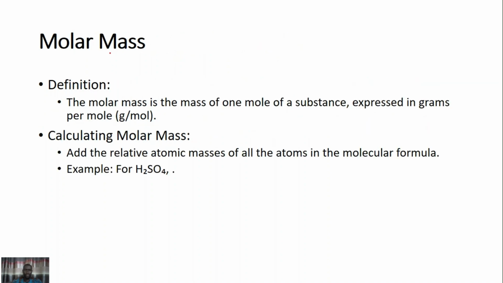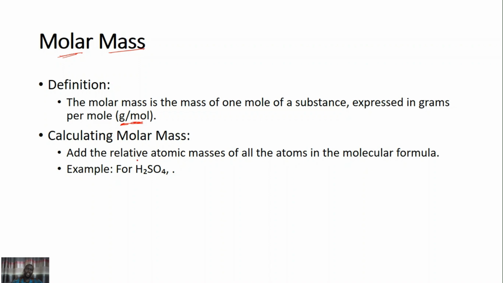What is molar mass? Molar mass means the mass of 1 mole of a substance, and it is expressed as grams per mole of that particular substance.